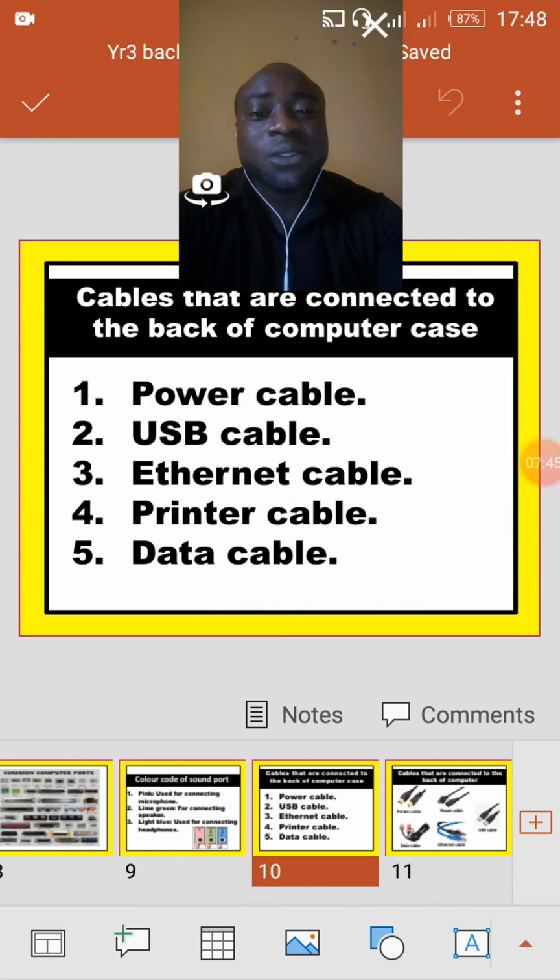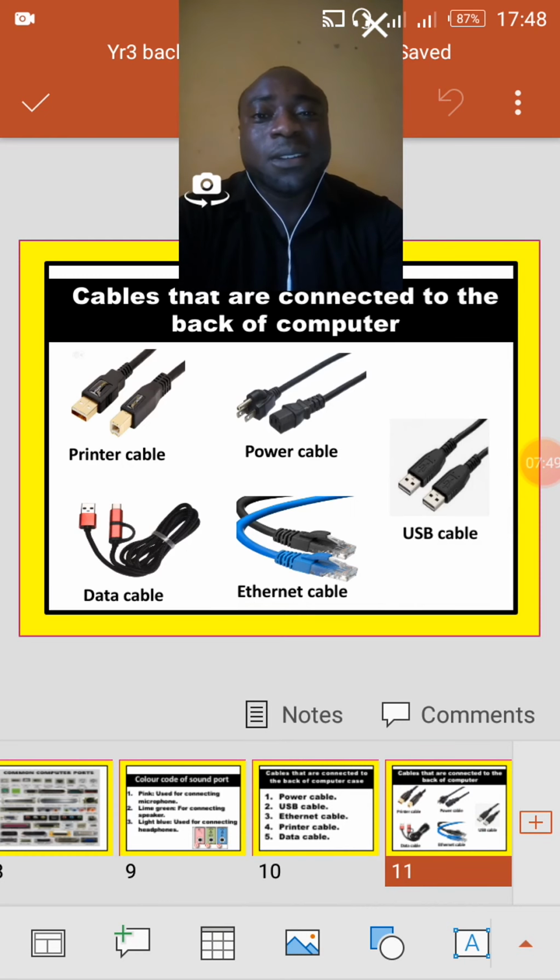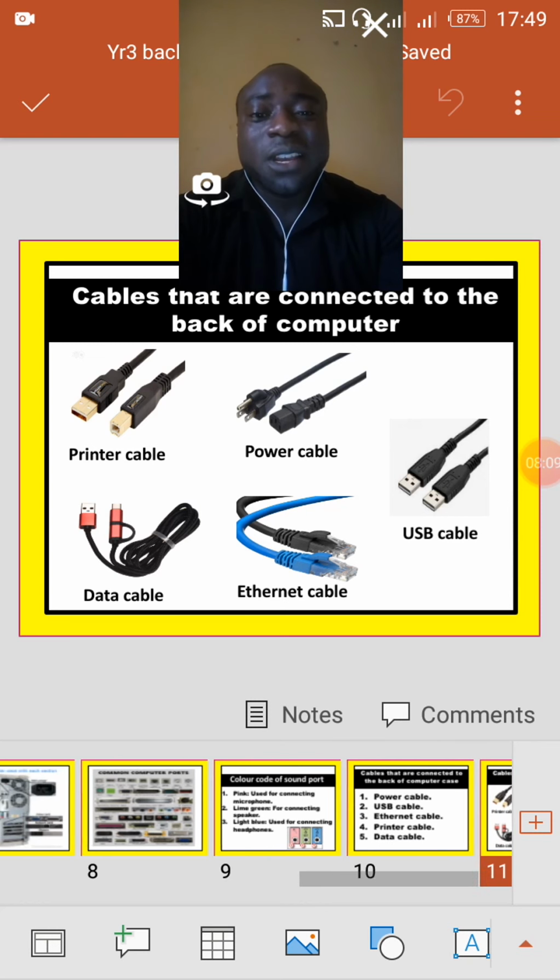So let's look at their pictures. As you can see on the screen, these are the pictures of the cables that can be connected to the back of computer case. We have printer cable, power cable, data cable, Ethernet cable, and USB cable.